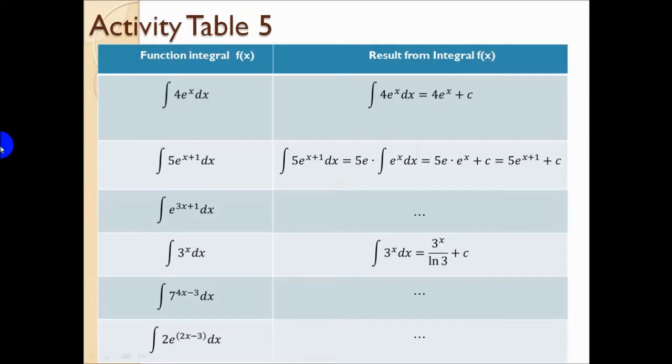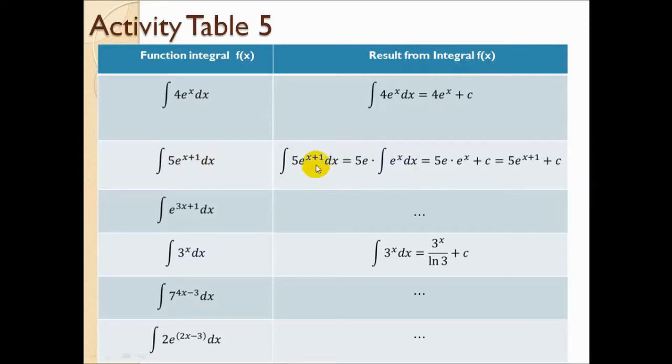For example, the integral of 4 e to the power of x dx. The result of the integral is still the same, but we must put plus c here, because e to the power of x is still e to the power of x. And then for the next example, the integral of 5 e to the power of x plus 1 dx.